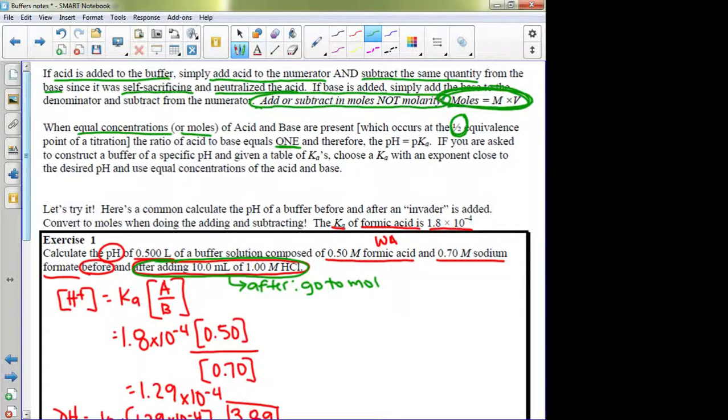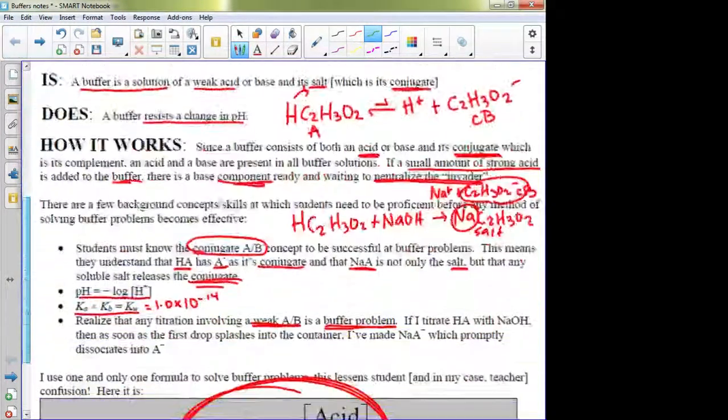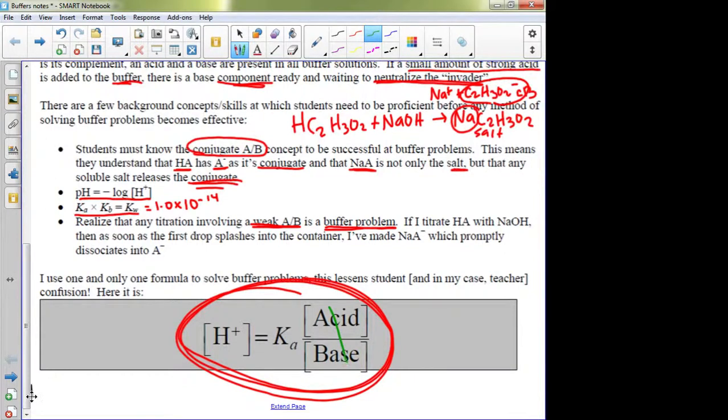So if this becomes 1, then my concentration of hydrogen is just equal to my Ka value, right? Then if I had to find pH, I just take the opposite log of Ka, so we call that pKa.